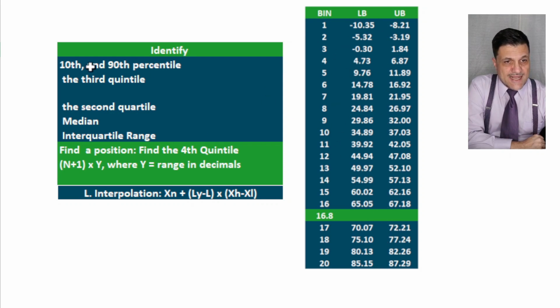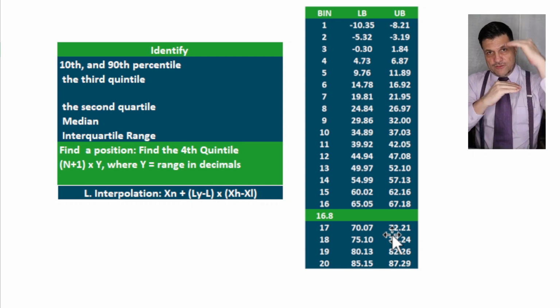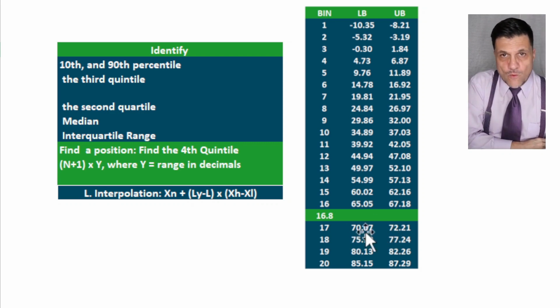Who is the 10th and the 90th percentile? Each two numbers represents 10% of this distribution. I have 20, so if I divide this in portions of 10, each two of those represents one portion.